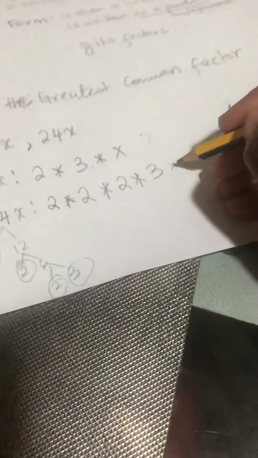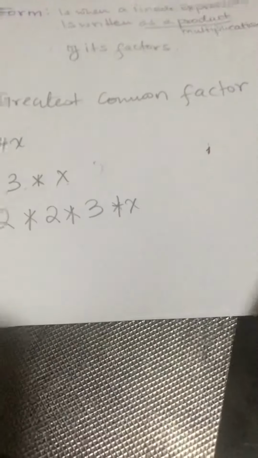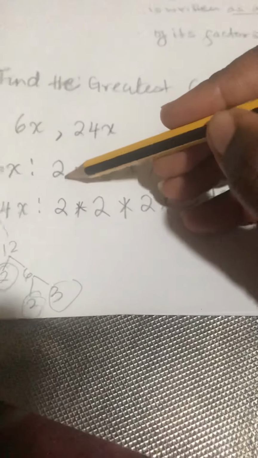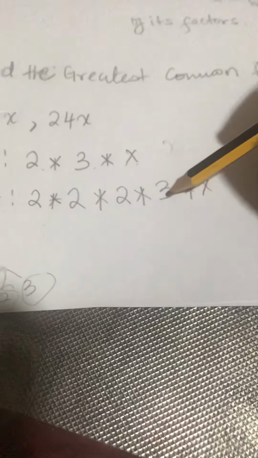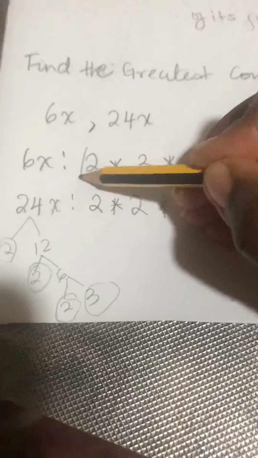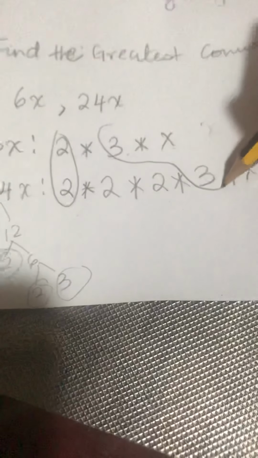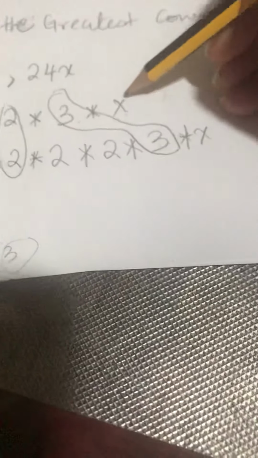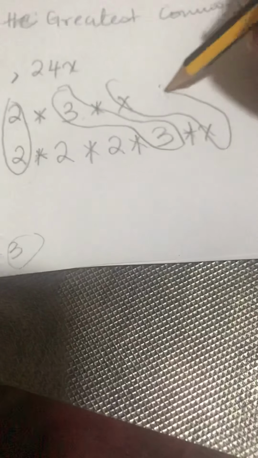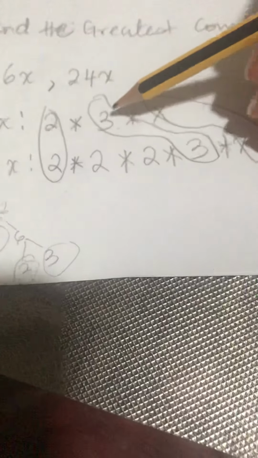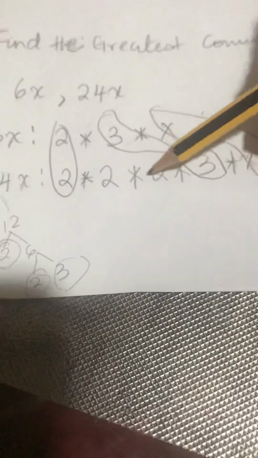So now I want the greatest common factor. Who is common up here and down here? So I look, this is common, and this is common, and this is common. I have 2 here. This 2 does not have a friend. This 2 does not have a friend. I will not circle.